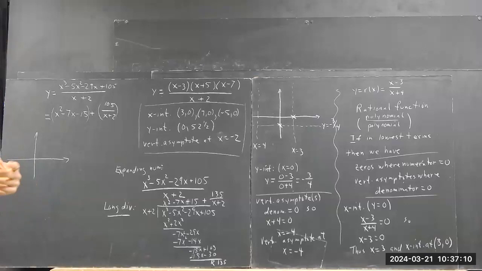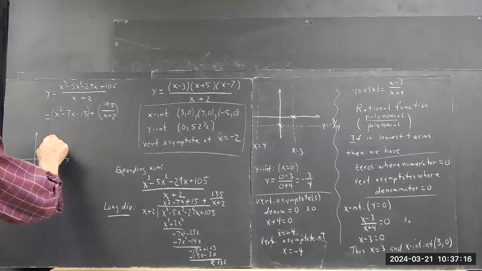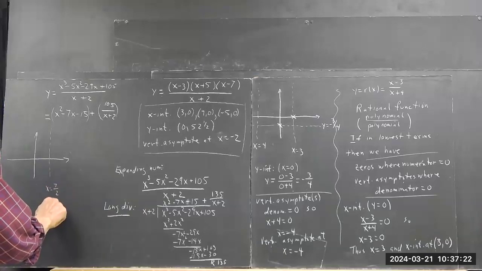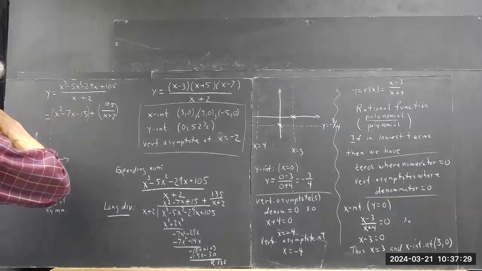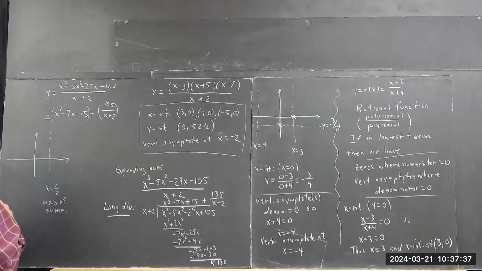Well, the axis of symmetry is at 7/2, that would be x equals 3.5. That's the axis of symmetry with this quadratic function. If I plug in 7/2 for x, I find that the y-value is, okay, let's see.